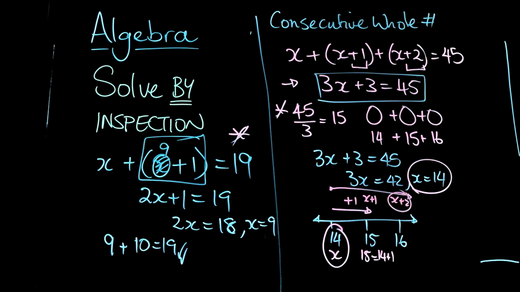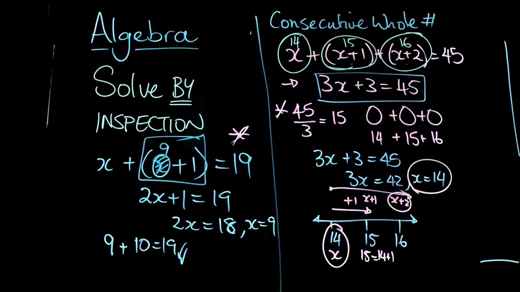So what I'm trying to do here is help you link up some of the algebra. If we go right back up to the top here, this kind of looks scary, this value of x, and we figured out that was 14, and this one here was 15, and this one here is 16.